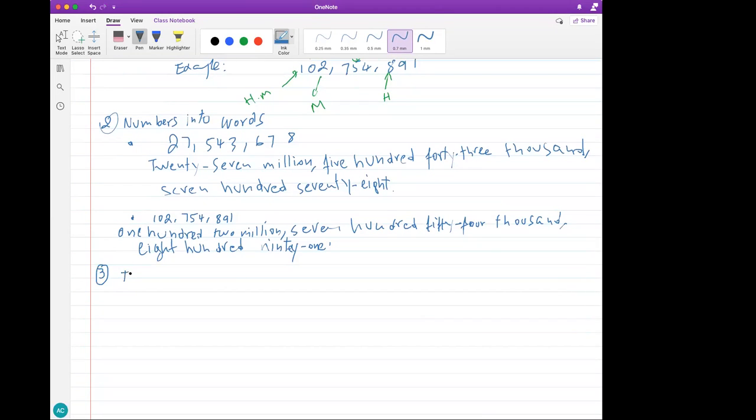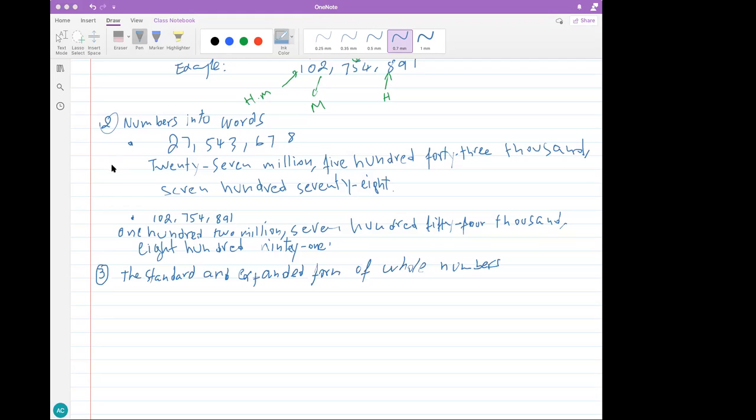Okay, the standard and expanded form of whole numbers. What this means is, let me adjust this pen a little bit first.